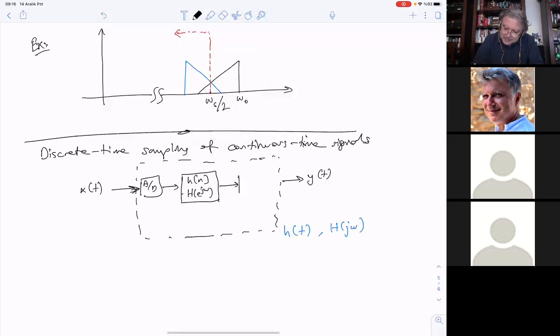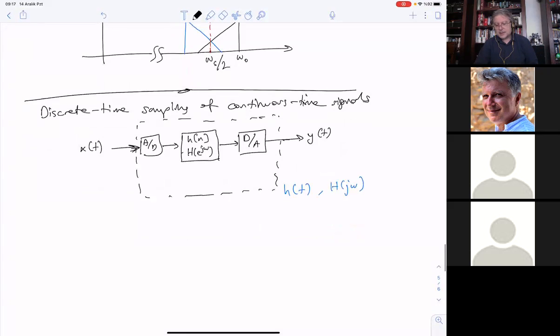And after that, there is a digital to analog converter back, and it provides the output to become y of t. The question here is, how can we relate this black h of n or h of e to the j omega to the blue continuous time h of t or h of j omega? How can we find the relation between those?